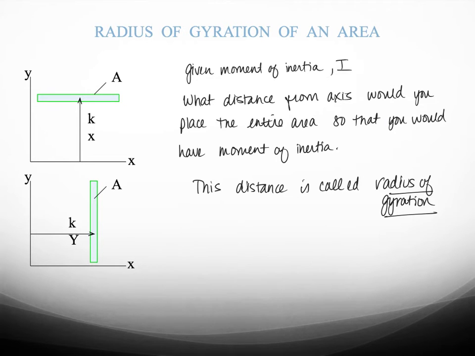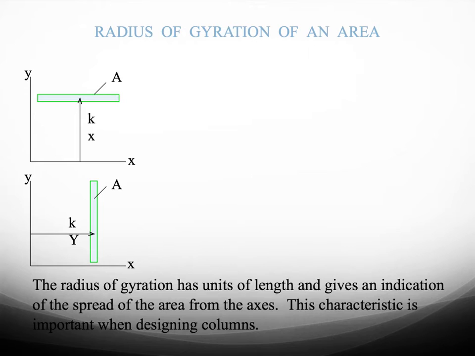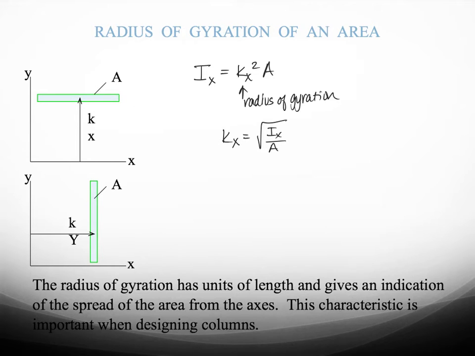The way that we calculate it is we would say, for instance, the moment of inertia about the x-axis would be equal to k_x squared times A, and this k_x is the radius of gyration. So k_x would be the square root of that moment of inertia over A. And similarly for the y moment of inertia.